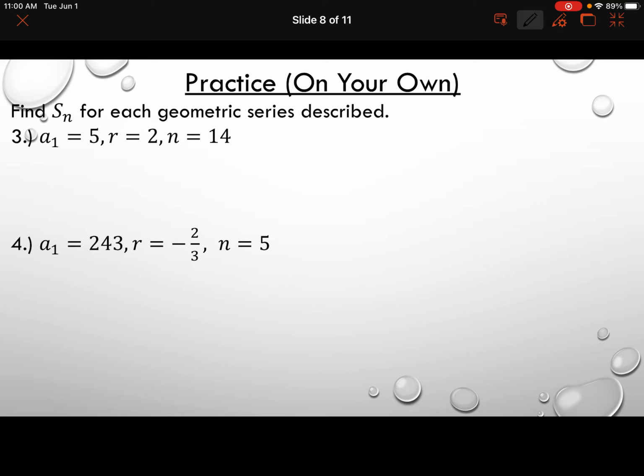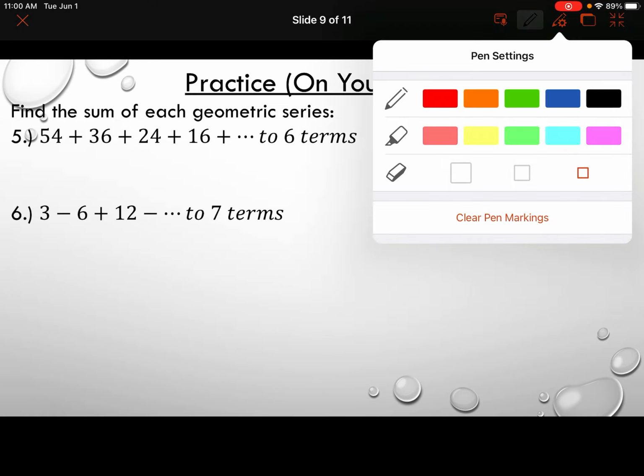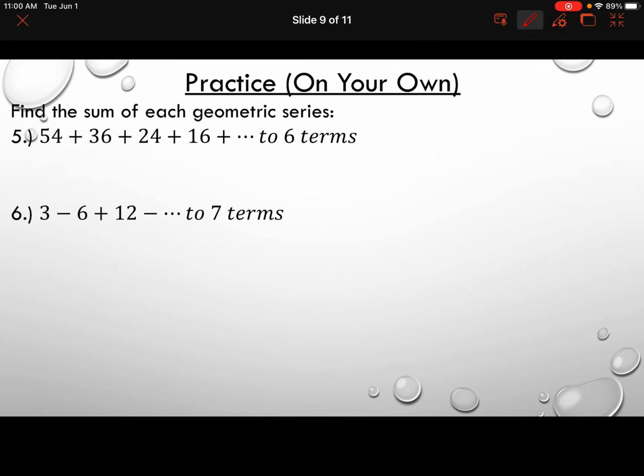You're basically given all the relevant information, you'll see, once you start using the formula. 5 and 6, same thing. The only thing I wanted to show for 5 is one thing. Remember, to find a common ratio, the one little help I will give you: take any two terms that are consecutive, right next to each other, and simply divide them.